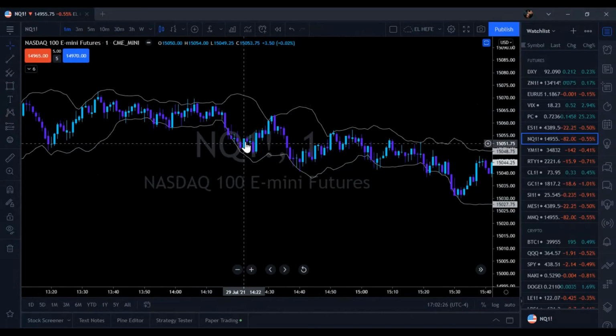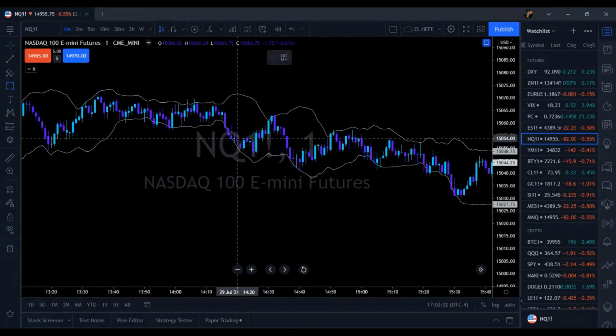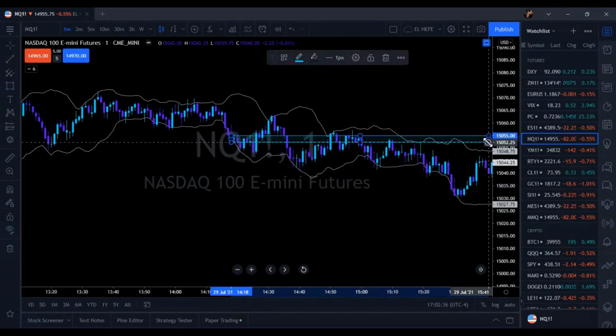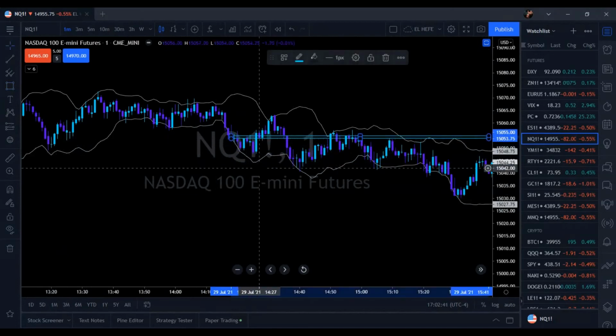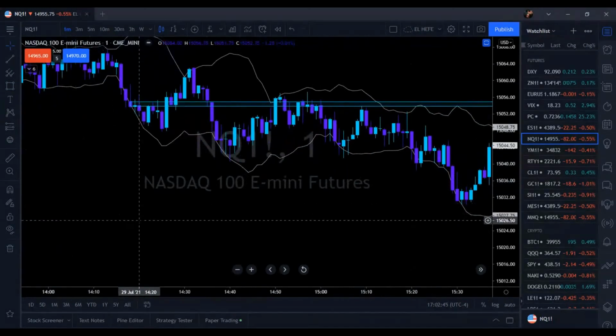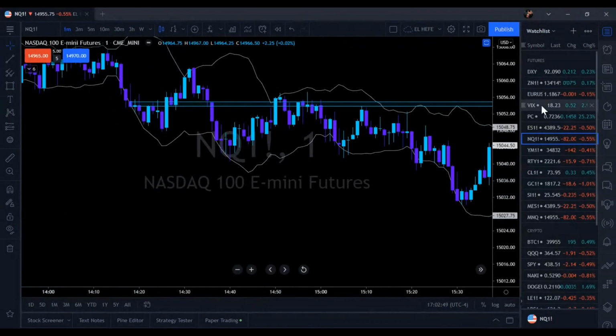Here might be an opportunity. Pulls away, makes a lower low. So you take the last one that broke it. Would be right there. Let's see what the VIX is saying at 1420 on the 29th.